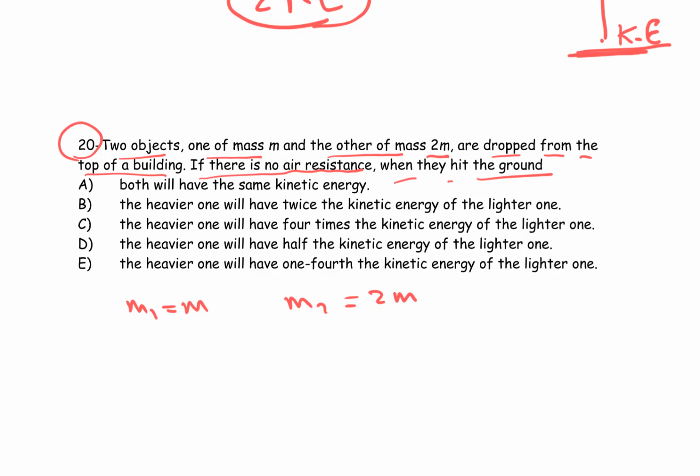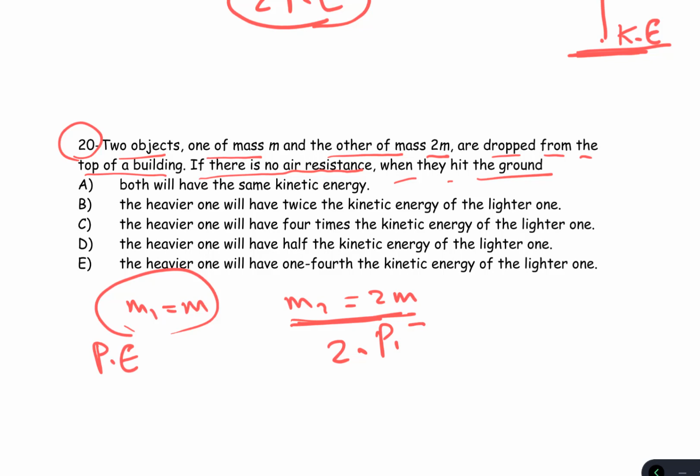So if the kinetic energy for the first object is PE, the kinetic energy for the second object at the same height is 2 PE. Just before reaching the ground, the potential energy changes to kinetic energy, so it doubles the kinetic energy, right?